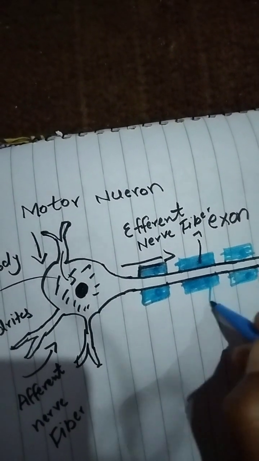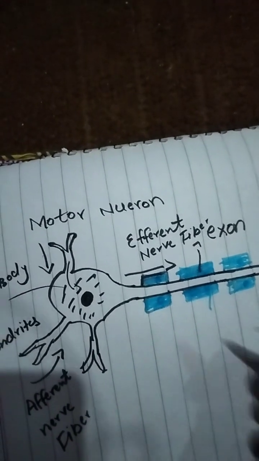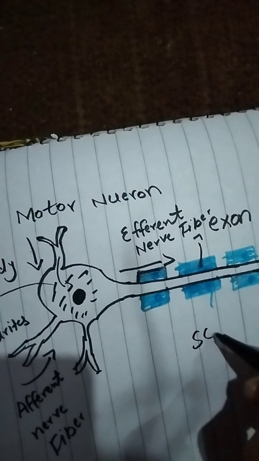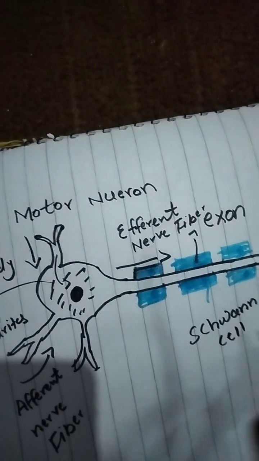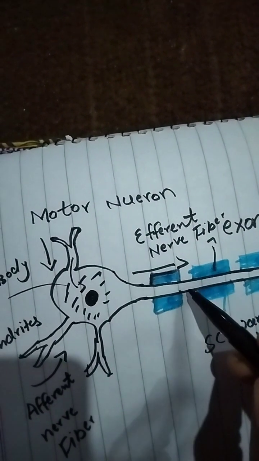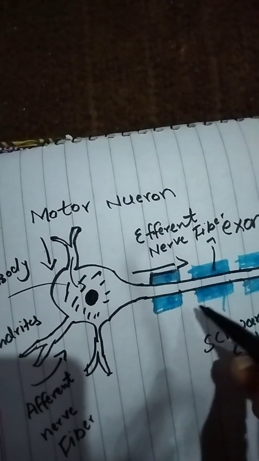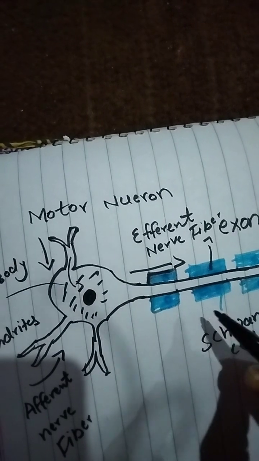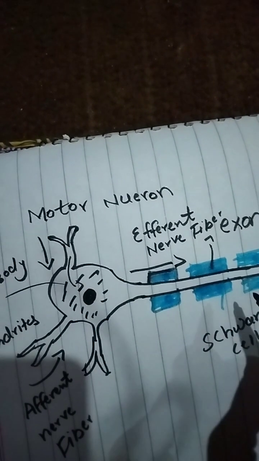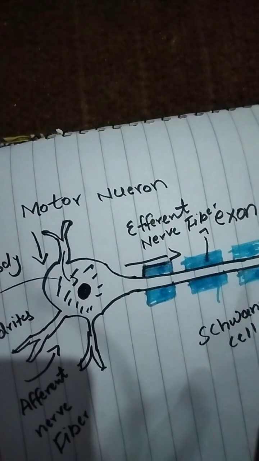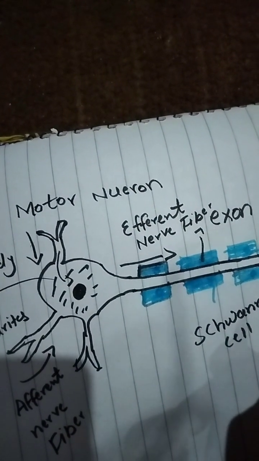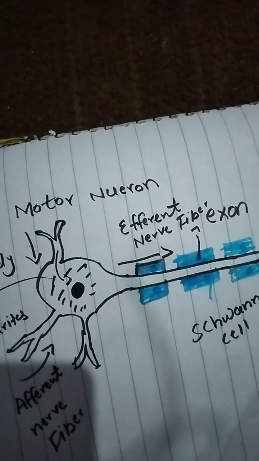The name of this cell is the Schwann cell. These Schwann cells protect the neurons, nourish the neurons, and heal the damaged parts of the neuron when the neuron is damaged.